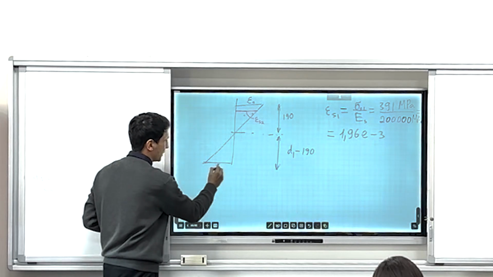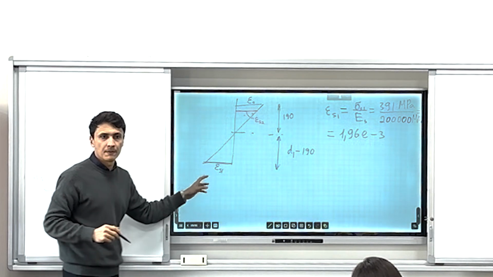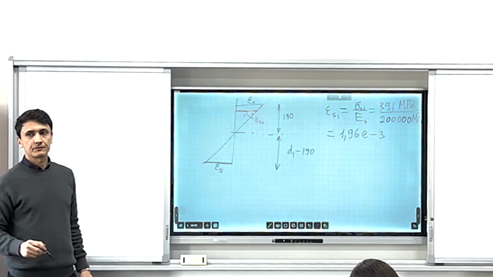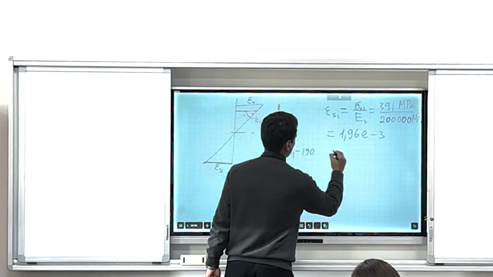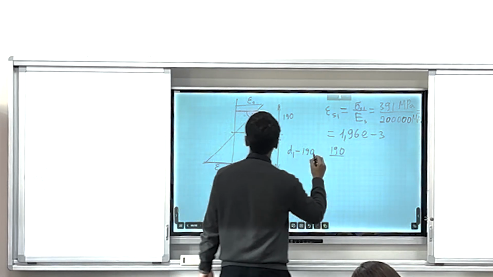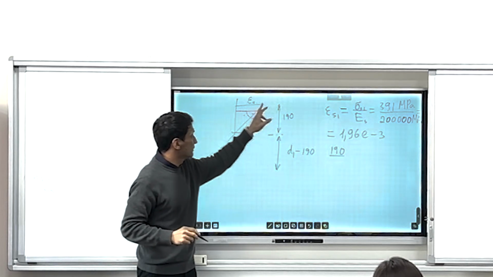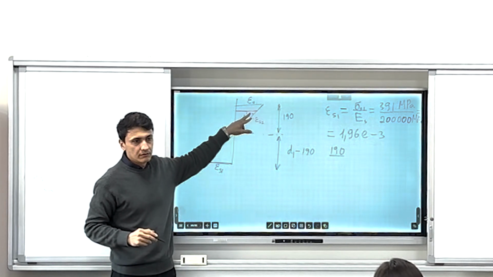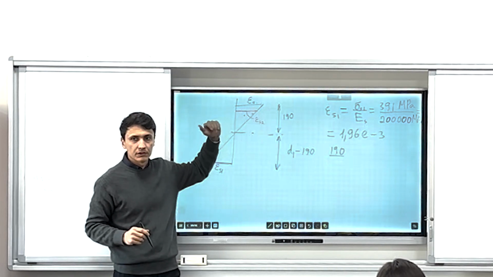Because this is the center of bottom rebar. So now, 190 is to find epsilon C, which is strain at the top fiber of concrete.